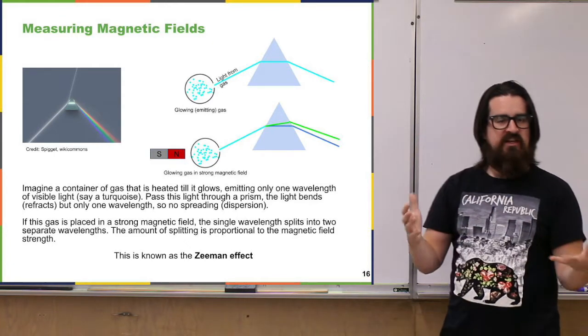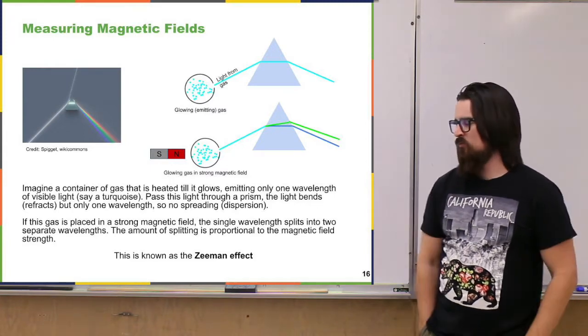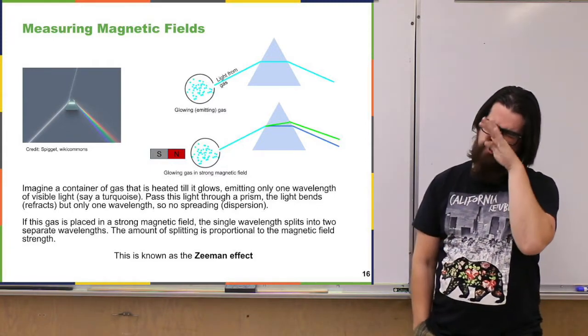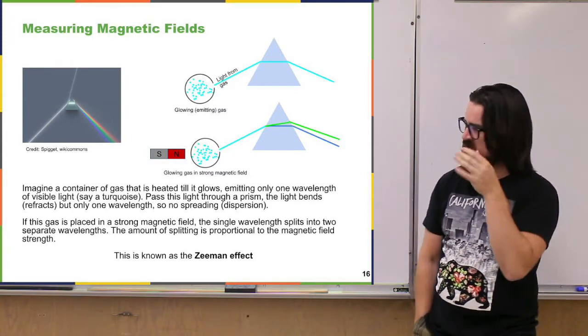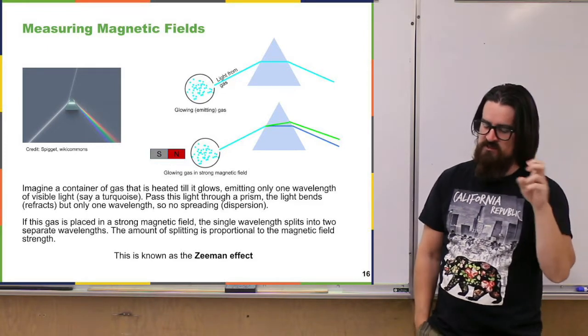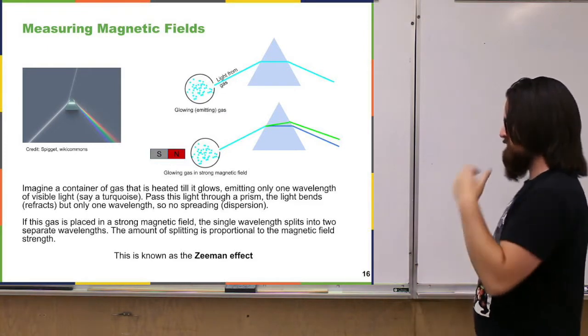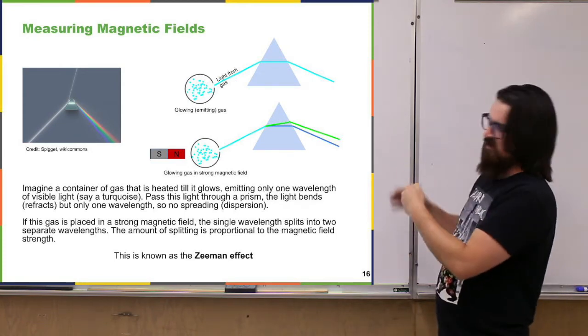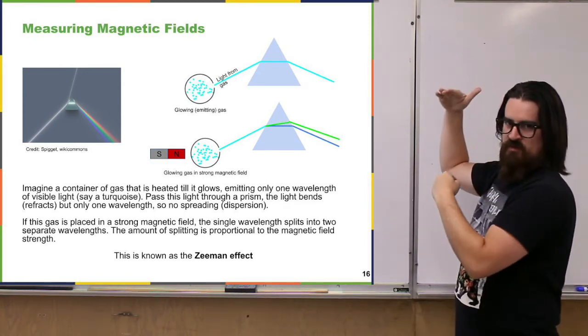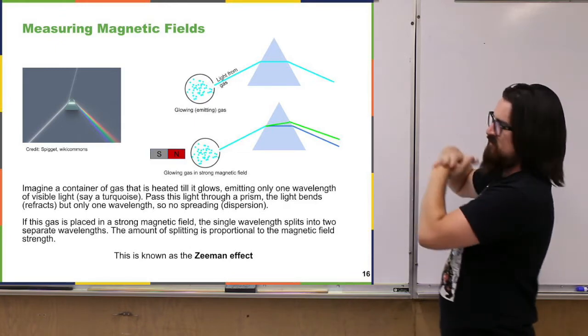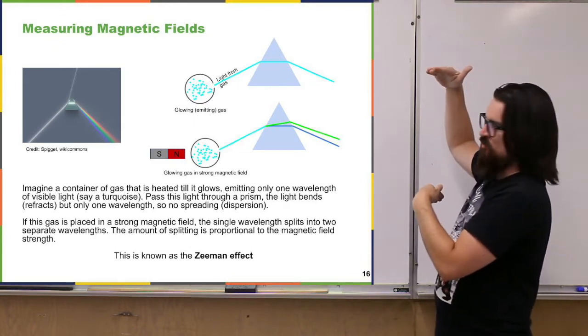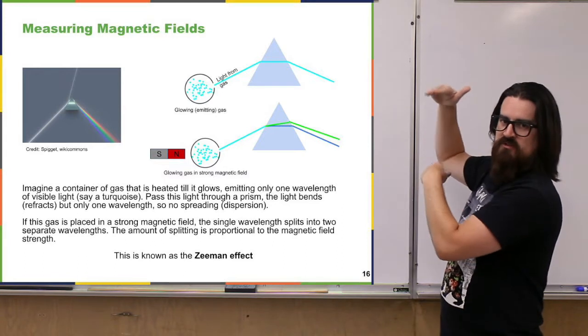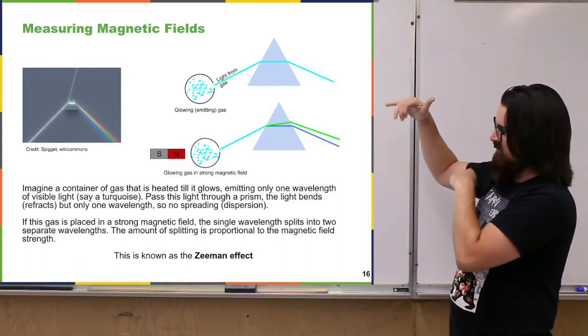So this is just something that atoms do, and the way we explain it has to do with quantum physics and something called intrinsic spin. We're not going to get into all of that, just to say that they do. That's what happens. And beyond that, the amount that they'll split, or the amount of difference that we'll get in the resulting wavelengths, is proportional to the strength of the magnetic field that gas is in.